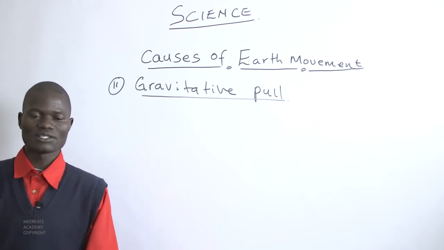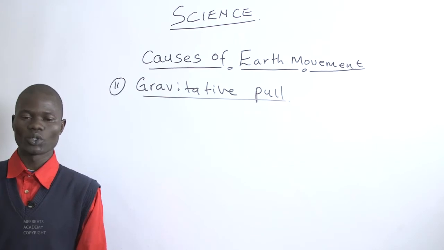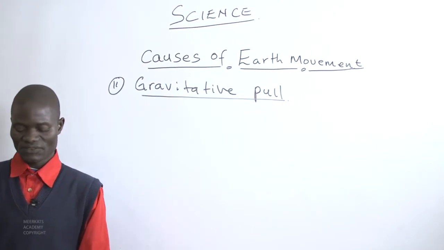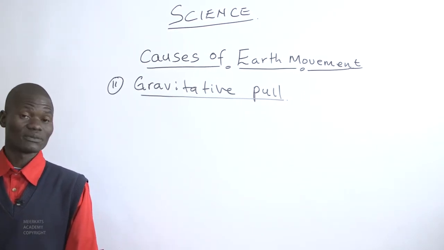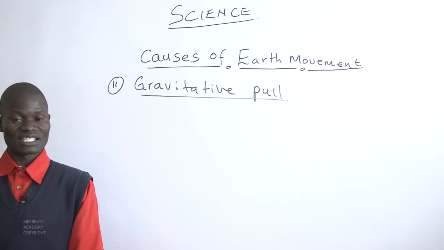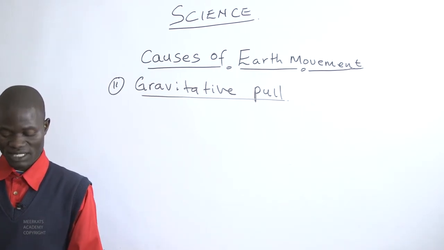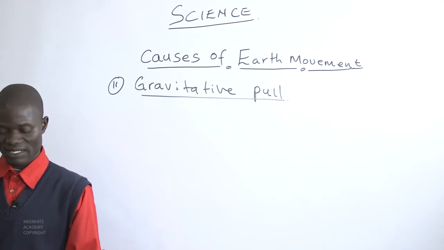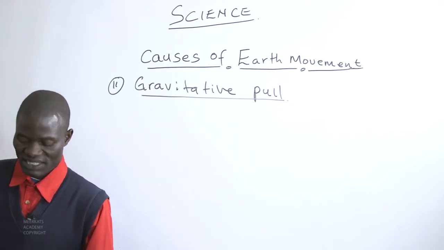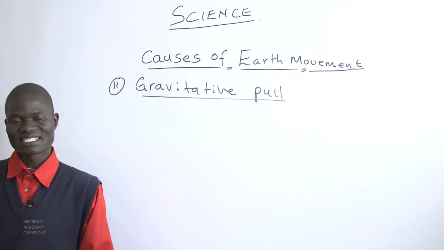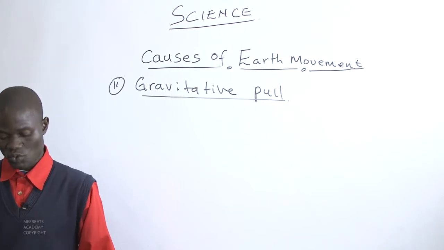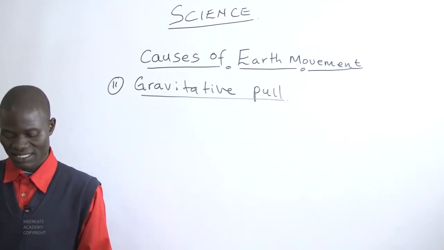Those objects will be acted upon by that force of gravity. Therefore, the earth's crust is found in the gravitational field where there is force of gravity, and the gravitational force of the earth tends to pull bodies toward the center of the earth.